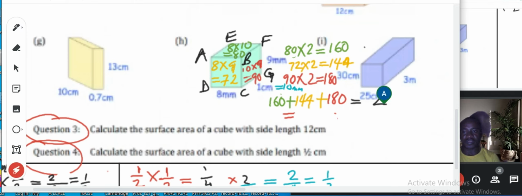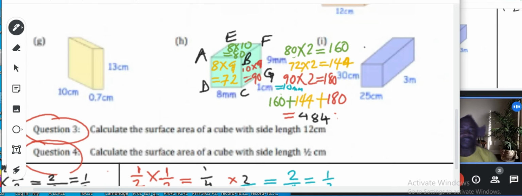You can write the answer here. What do you have? Okay, go ahead. 484, right? What should be the unit? 484 what?